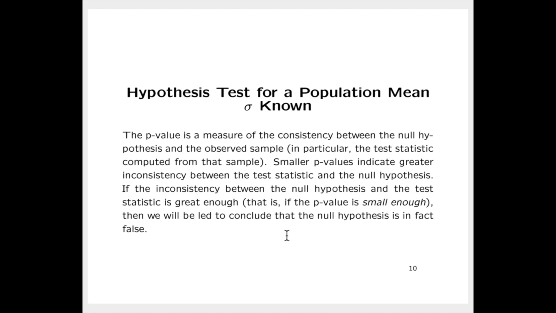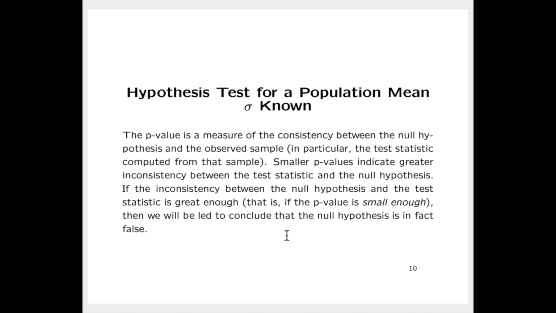Now, if you think back to when we first started talking about the principles of statistical inference, and in particular the general ideas behind hypothesis testing, what we said was that in performing a hypothesis test, we set up our hypotheses. We have the null hypothesis and we have the alternative hypothesis. And at some point we collect data, and we compare the data that we've observed with the statement that we're making in the null hypothesis.